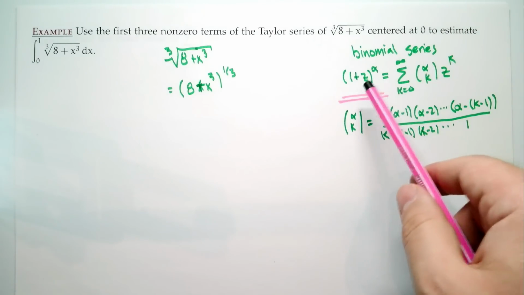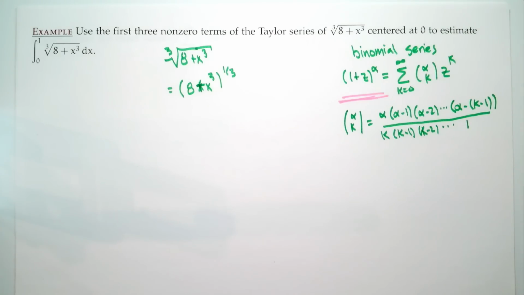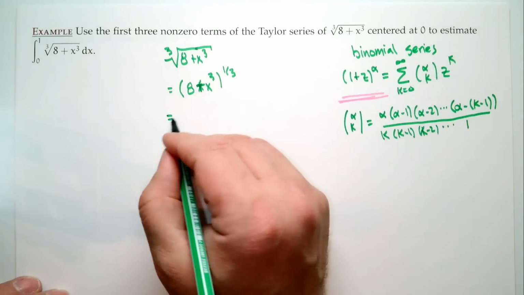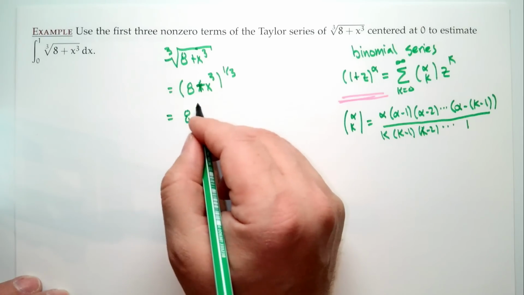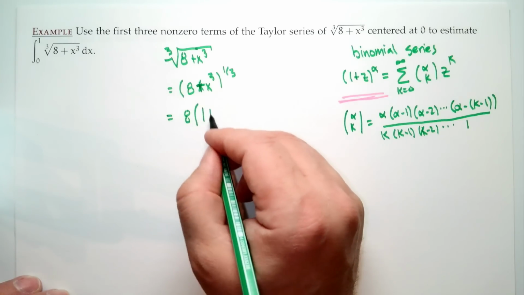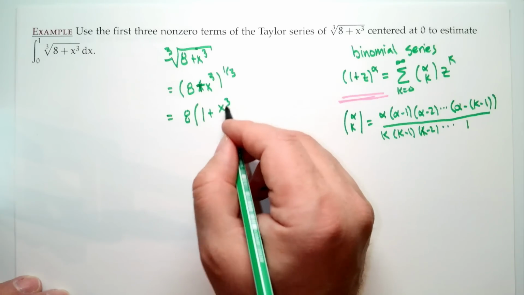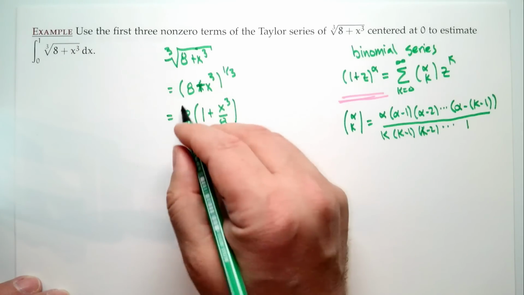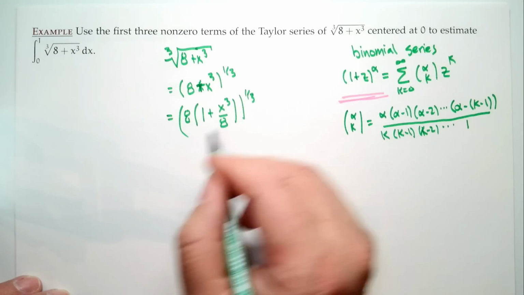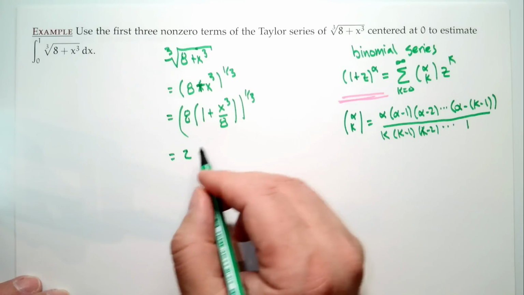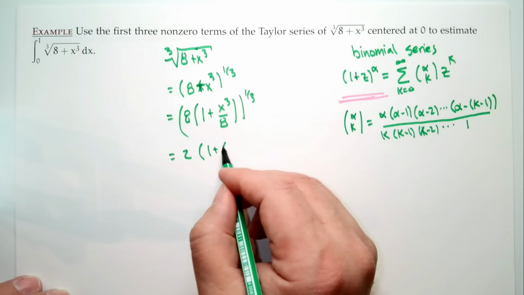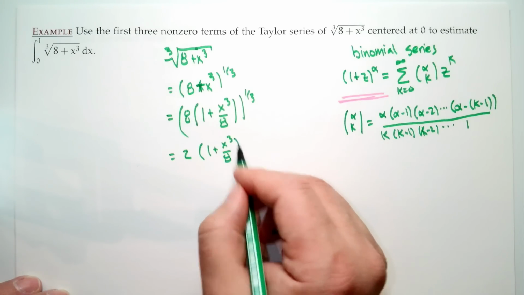The z can be whatever I need it to be, but I need a 1 plus. So I can pull out an 8. This has 1 plus x cubed over 8, all to the 1/3. And 8 to the 1/3 turns out to be a nice number, so it's 2 times 1 plus x cubed over 8, to the 1/3.